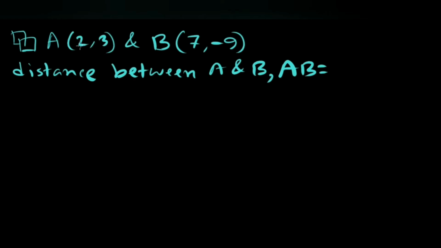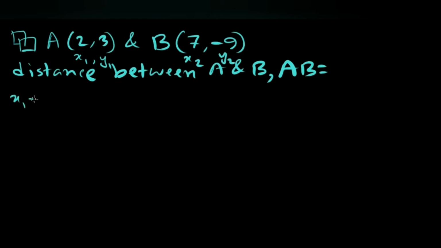Think this is the coordinate of A, so the abscissa of A will be denoted by x1 and the ordinate of point A we will consider as y1. So x1's value will be 2 and y1 we take as 3. As the second point we will consider x2 as 7 and y2 as negative 9.